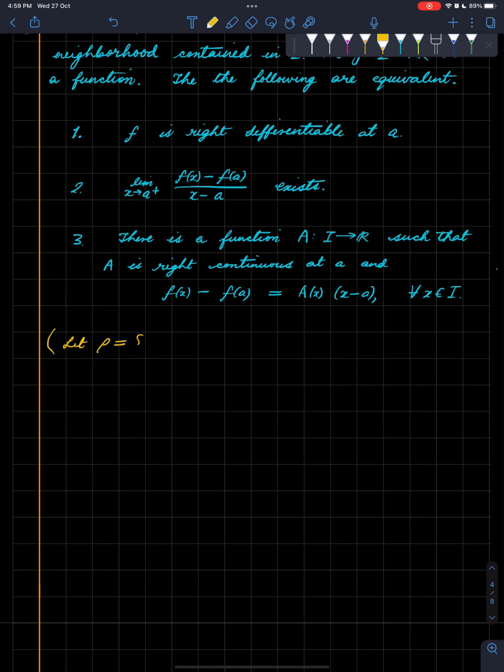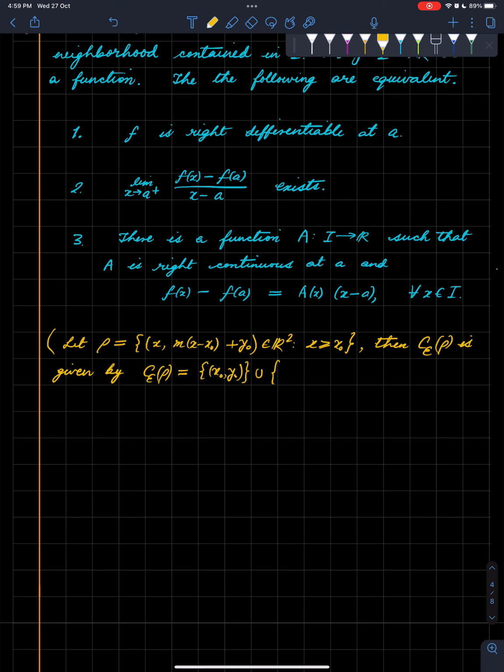So if rho is equal to x comma m times x minus x naught plus y naught, x greater than or equal to x naught, a right ray starting at a point x naught comma y naught in the plane, then C epsilon rho equals, you put this point in it, and then the rest is all those points in R2 where x is strictly greater than x naught, and y minus y naught over x minus x naught is not away from m by more than epsilon.